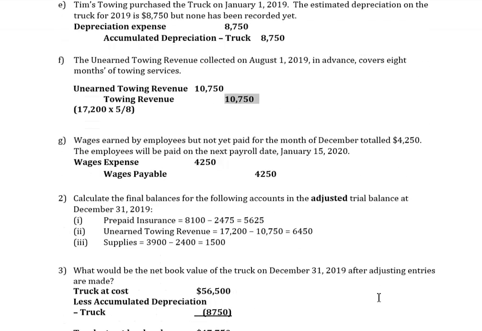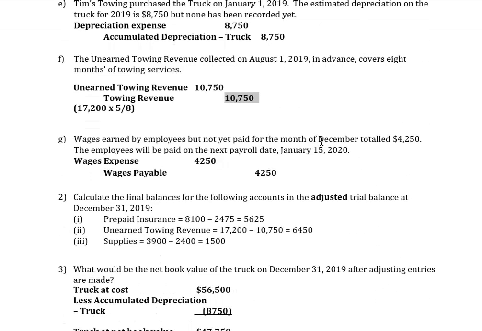Now, we also have employees that worked during the month of December that we aren't going to pay until January of next year. So that means that their pay period falls on January the 15th. That's when we pay them. So if they've worked in December, which is part of the 2019 year, but we're not paying them until January 2020, that means because they've worked in 2019, that's a cost of doing business to us.